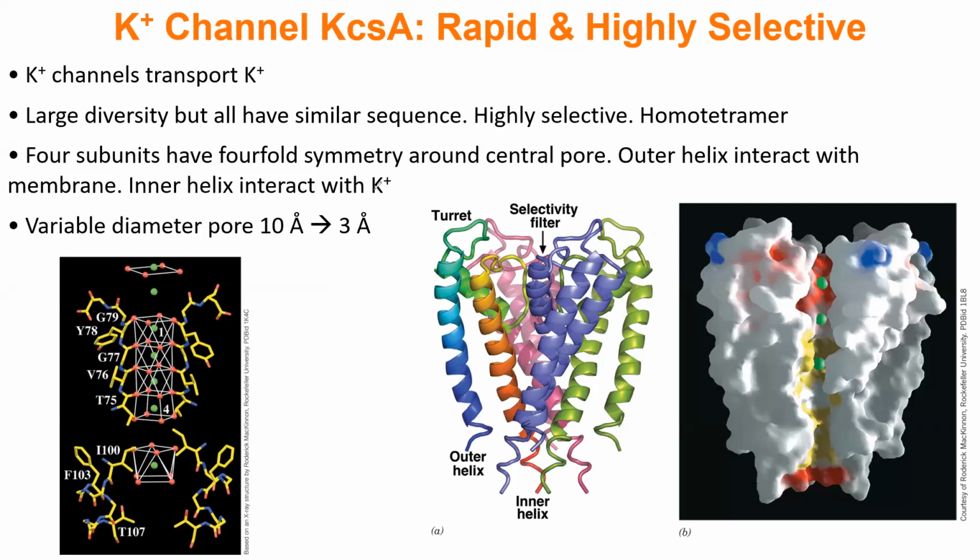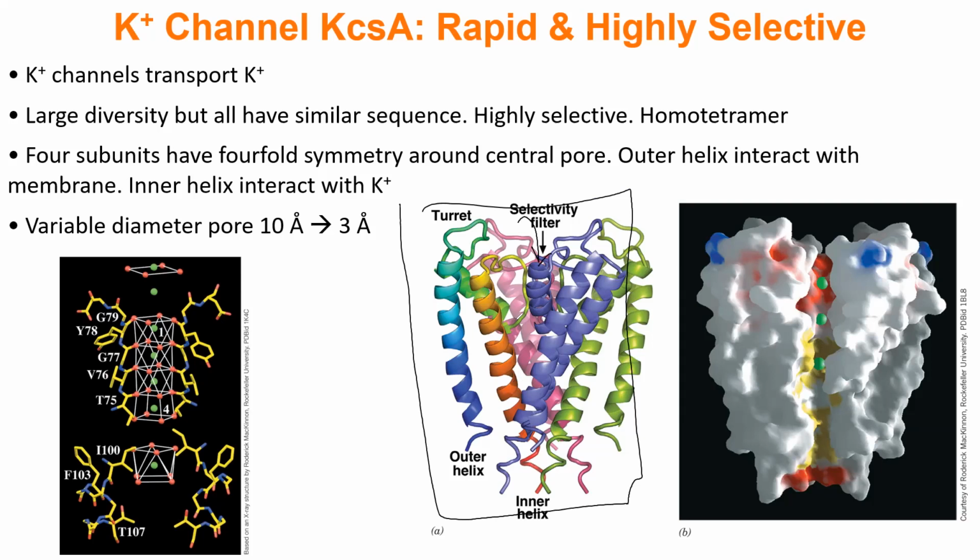And that's what's being shown in this middle picture, where the pore is right here in the middle, and these 4 different proteins, well, 4 copies of the same protein, are coming together to form this pore.